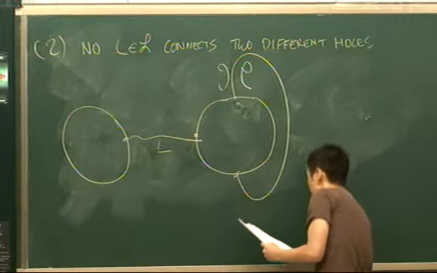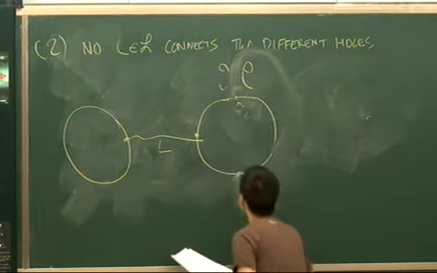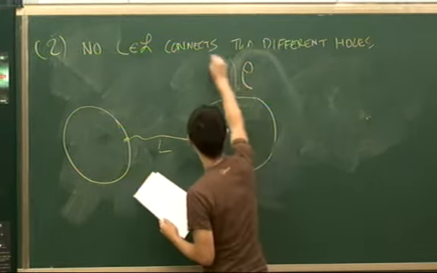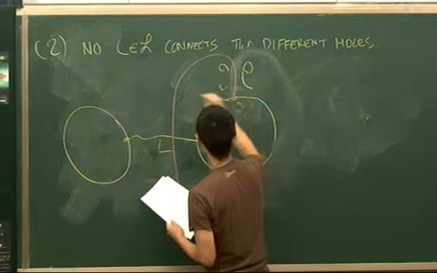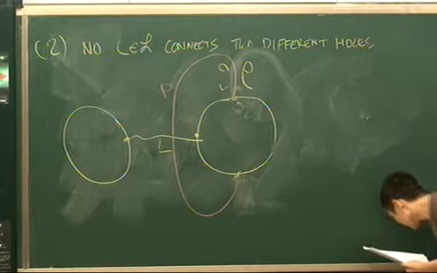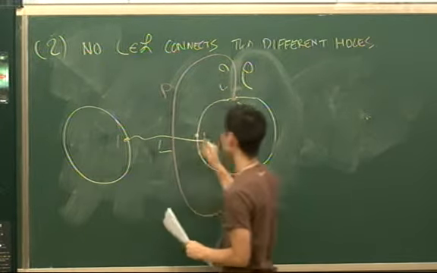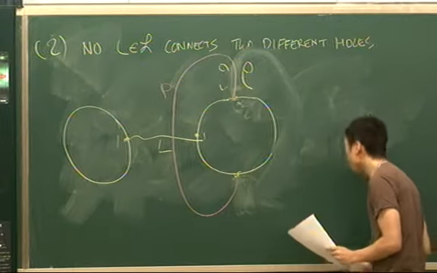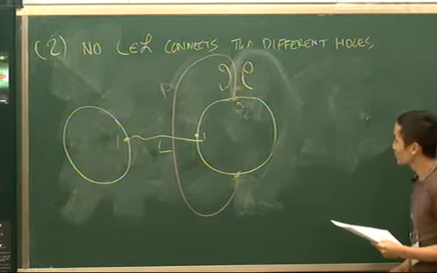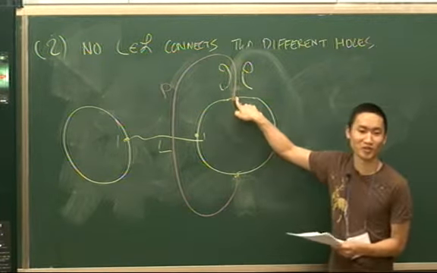So this thing is P, and I've got this linkage path that connects up two different holes, like this. Well, this curve P is non-separating by hypothesis.